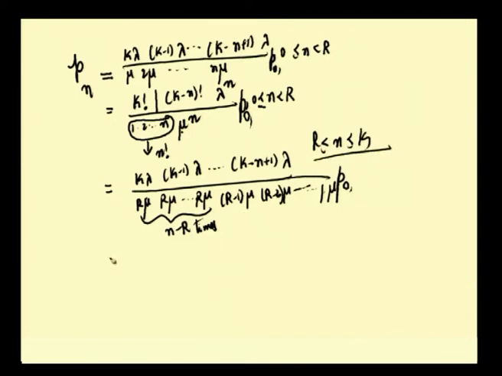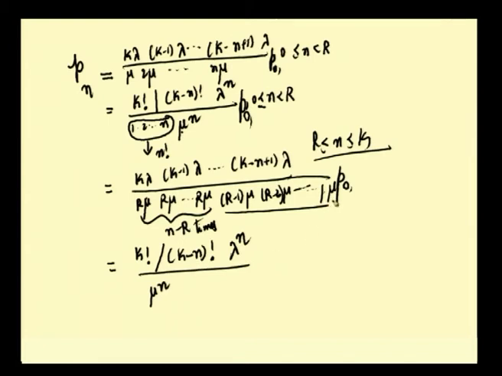So, this expression now becomes, as before, the numerator k factorial divided by k minus n factorial, and as usual lambda power n divided by mu power n, and what we have extra is R factorial, which comes from the latter part, namely the terms from mu 1 to mu capital R. So, mu power n, R factorial and R power n minus capital R, this whole thing into P naught.